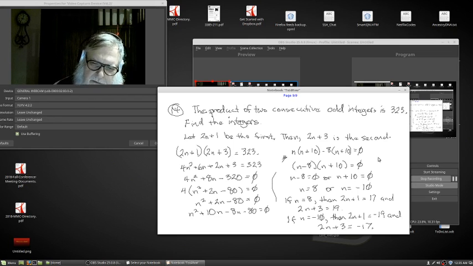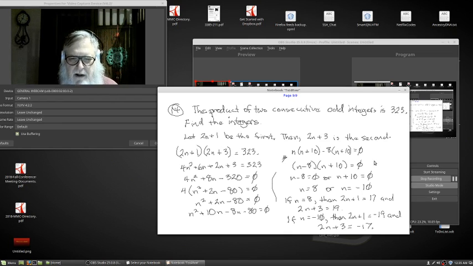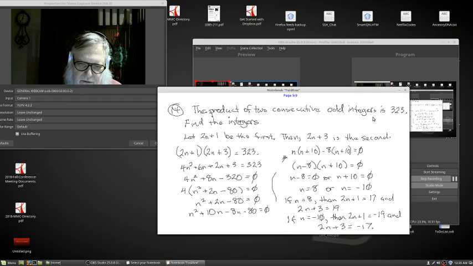Now on the other problem, where we were talking about lengths, we couldn't consider a negative distance. But there's no law that says that all odd integers, or all even integers for that matter, are positive.